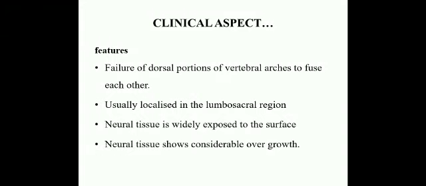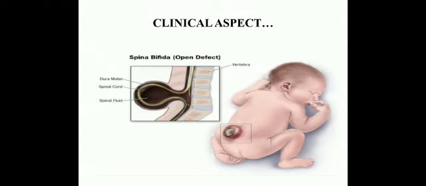The neural tissue shows considerable overgrowth. Here in this picture you can see the spina bifida, which is an open defect, and you can observe the dura mater and the spinal cord propping out.